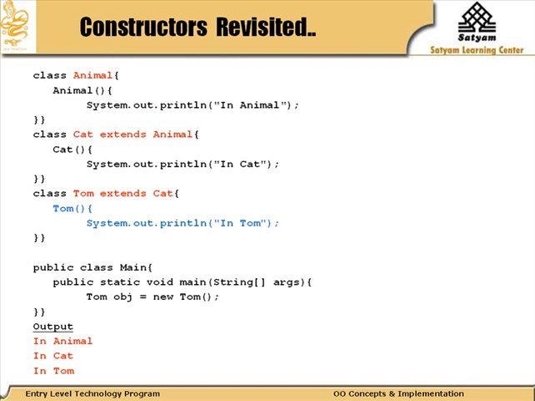This proves that the base class objects are created before the derived class objects. The output is in Animal, in Cat, and in Tom. It's time for us to work on the examples before we move forward.